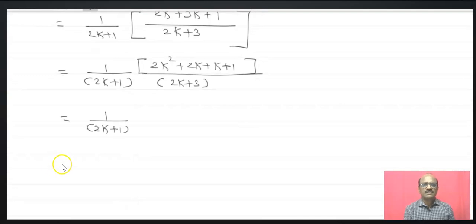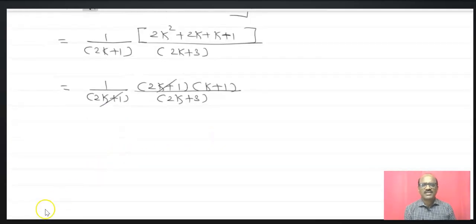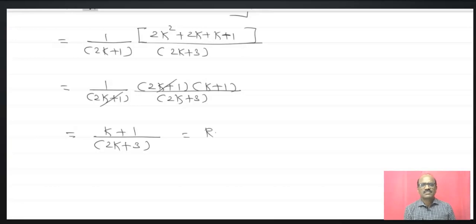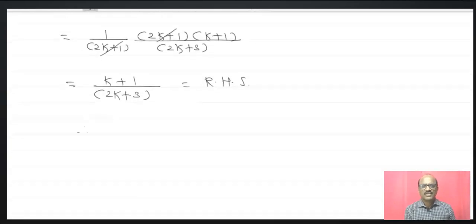Therefore the result is, now factorize this. That's very simple factors, 2k plus 1 into k plus 1. Now here 2k plus 1, 2k plus 1 get cancelled, and in the denominator 2k plus 3, 2k plus 3, these two get cancelled, and it is k plus 1 upon 2k plus 3. That is equal to RHS. Therefore P of k plus 1 is true.